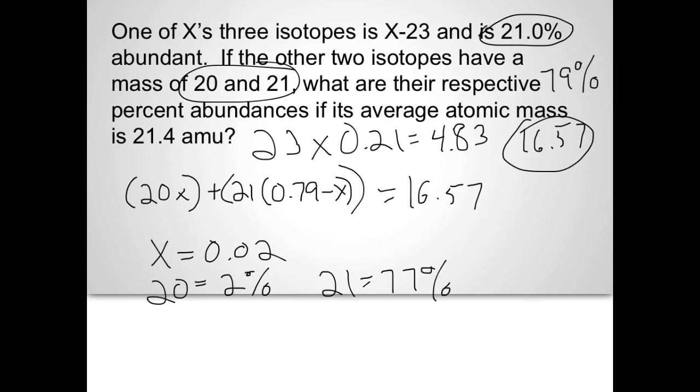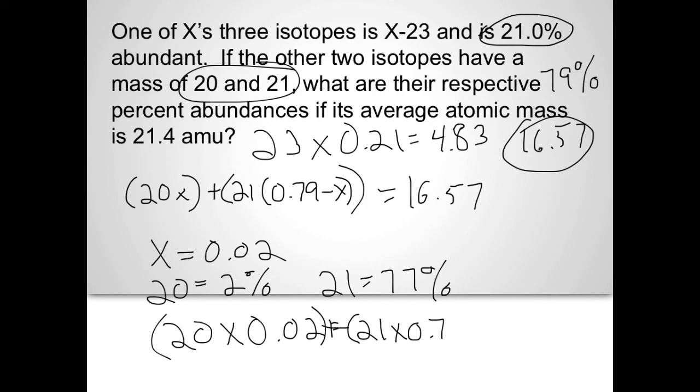And if you do that out, if you do 20 times 0.02, plus 21 times 0.77, you get 16.57 AMU, which is the number we're looking for. If you switch the percentages around, it doesn't come out to 16.57, so that's how we know it goes this way.